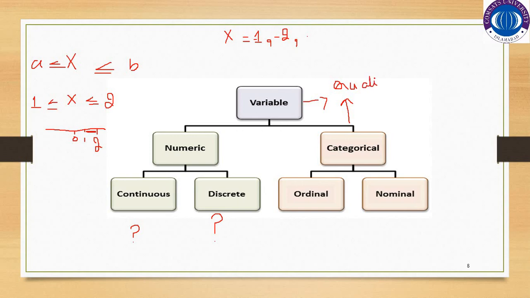Qualitative means it depends on the quality of the sampling unit. And if you say that it is numeric, then obviously your data would be quantitative. That is, it depends on the quantity.